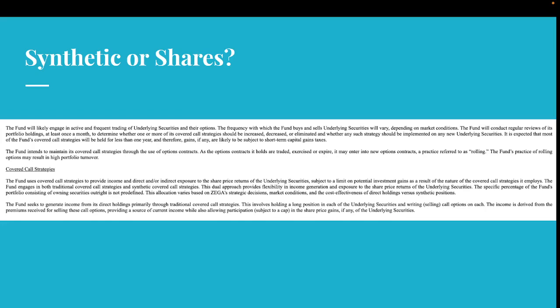They cap the index. But anyway, I think that's a great way to do it, plus there's tax advantages. But FEPI does it like this. They do it with individual stocks and individual calls on those stocks, and they do a great job.